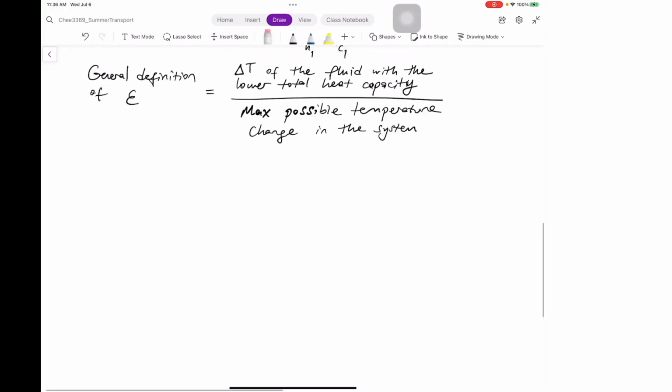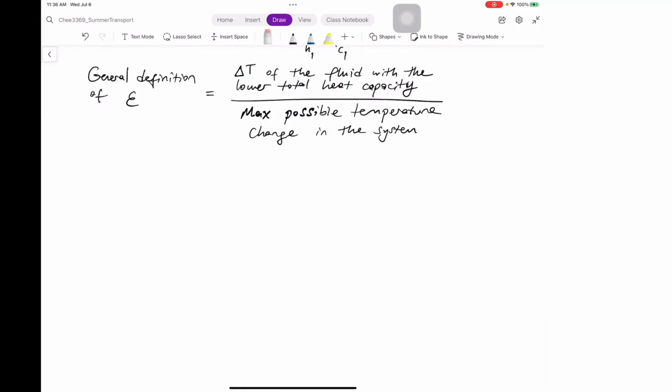Let's go back to our, so how is that going to help? We need to wait a couple more steps to realize why this is going to be something useful. Let's go back to our earlier formula, which relates temperature differences to the overall heat transfer coefficient and the physical properties.